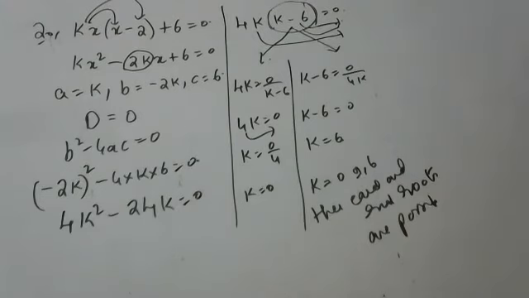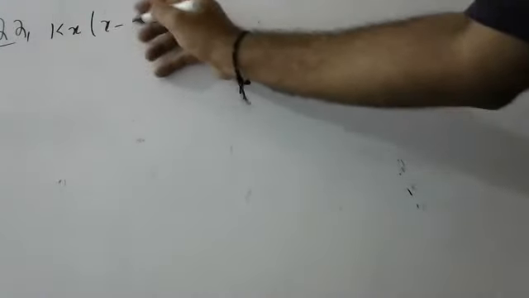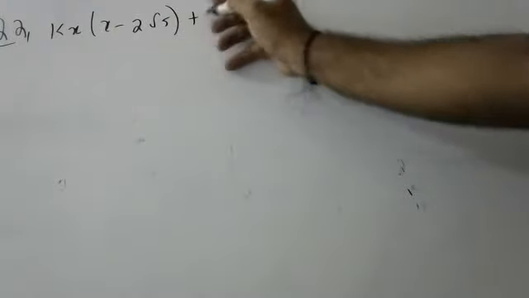Okay, next one. Jyotsna, are you there? Yes, sir. Please tell the 20th sum. Kx into x minus 2 root 5 plus 10 is equal to 0.